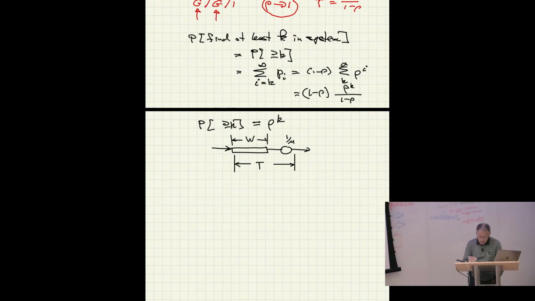The mean time in Q we're going to denote by the symbol W. Well, if T equals W plus 1 over mu, then W is T minus 1 over mu, which is 1 over mu over 1 minus rho, minus 1 over mu. So what do we get for W? How about rho over mu over 1 minus rho?